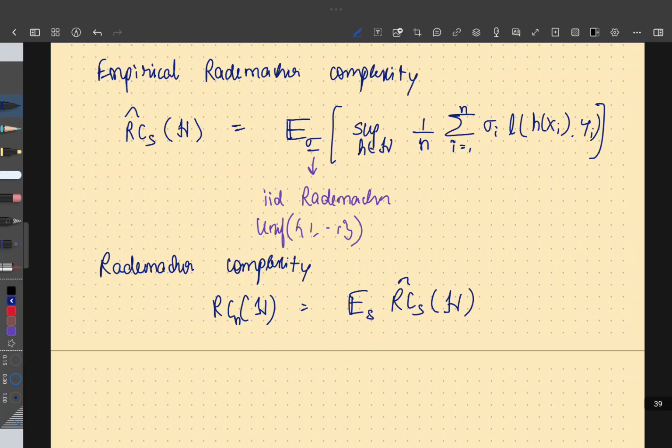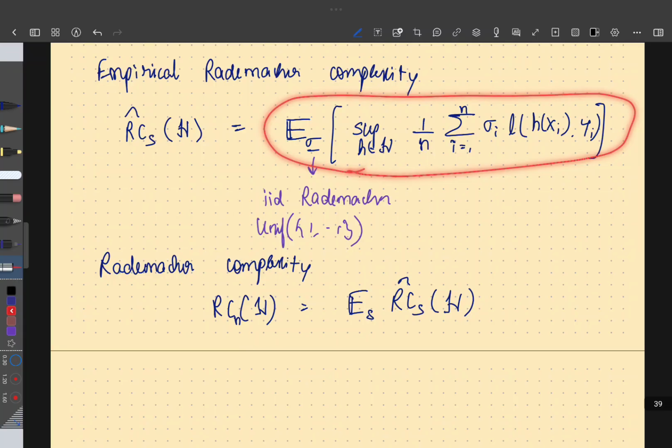Because the function class is rich enough, you should be able to find at least one such H, which would mean that this quantity would be high because I'm taking the supremum over all possible H. There is one H for which this correlation is the maximum, and therefore the supremum would be high. And since this holds true for every single configuration of sigma i's, it also holds true in expectation.